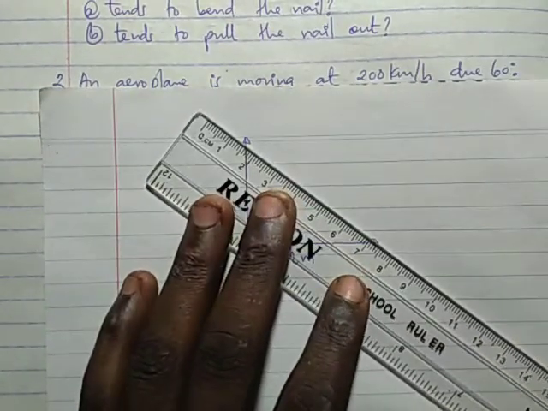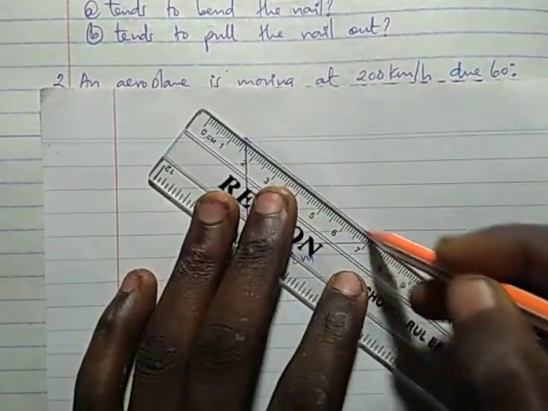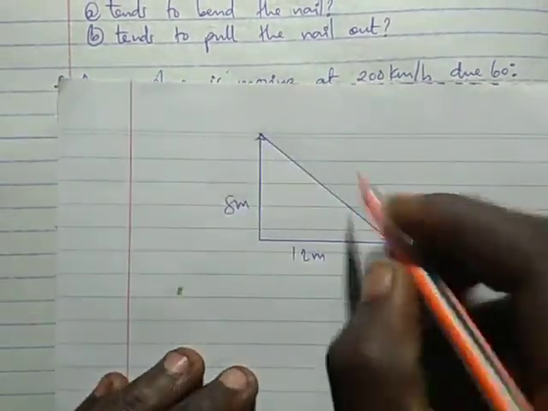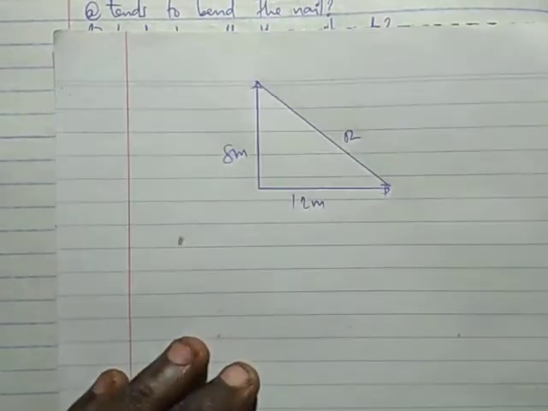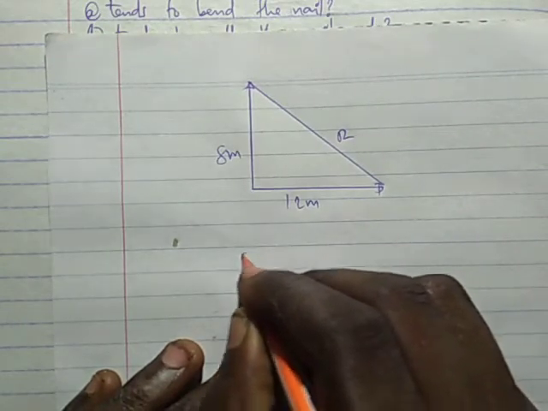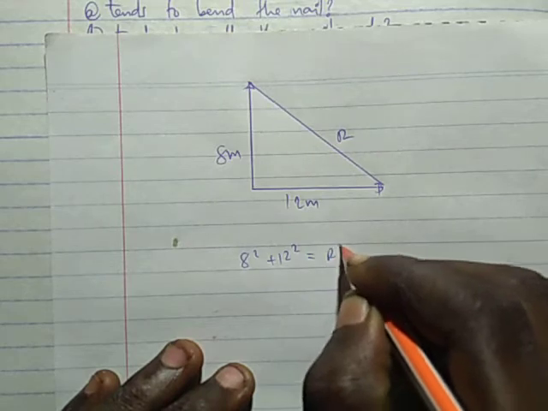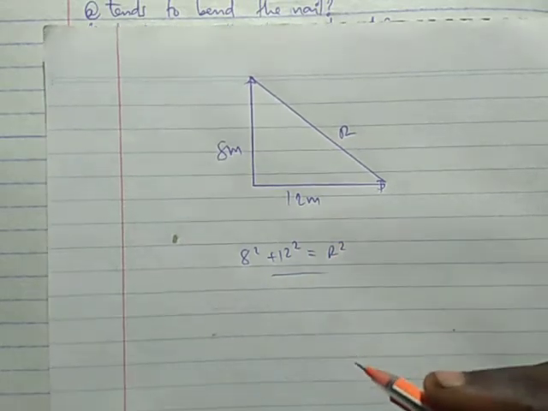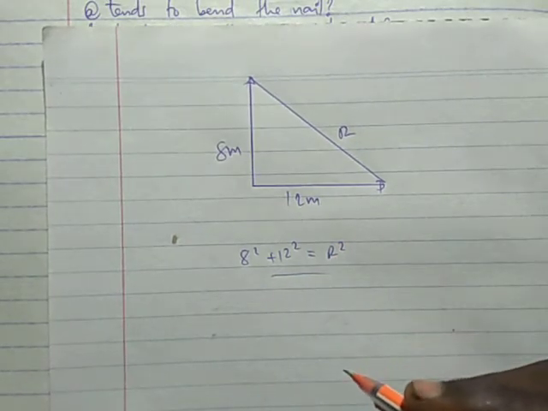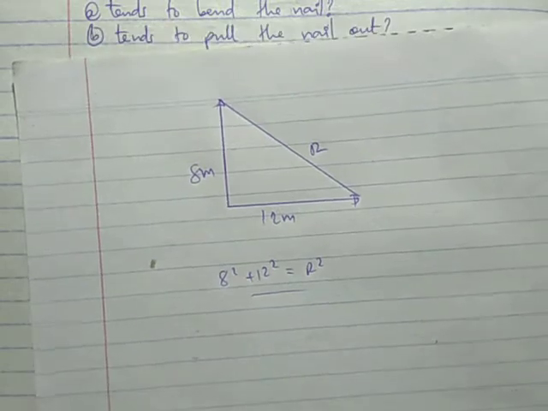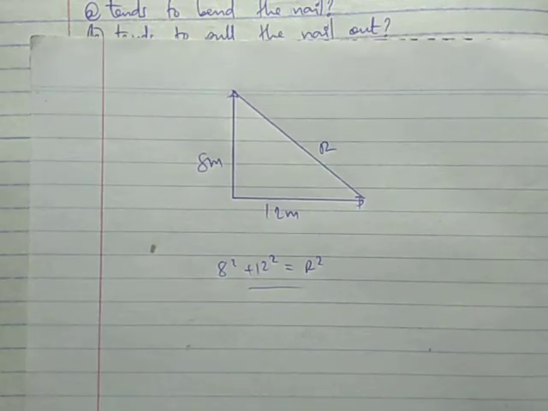And the simplest way to solve for the resultant vector r: r can be found as 8 square plus 12 square is equal to r square. If we want to use the scale here, no problem kama utataka, lakini scale ni njia ya kuzunguka.